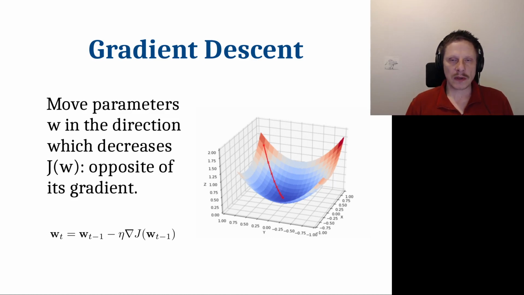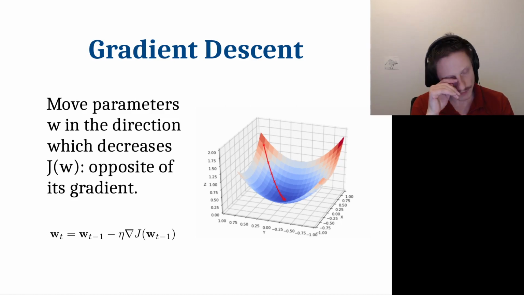And so the most common approach for optimization is going to be based on this general concept called gradient descent. And just as a reminder, what gradient descent does is to move the parameters in the direction which decreases the value of the objective function. So that is going to be the direction opposite to the gradient of that function with respect to the parameters.